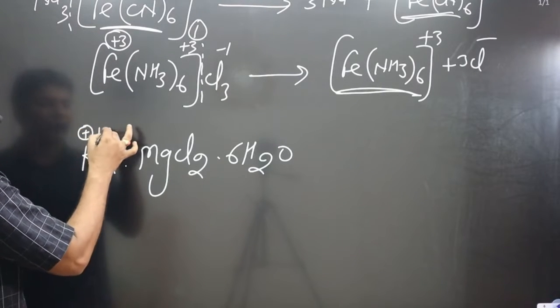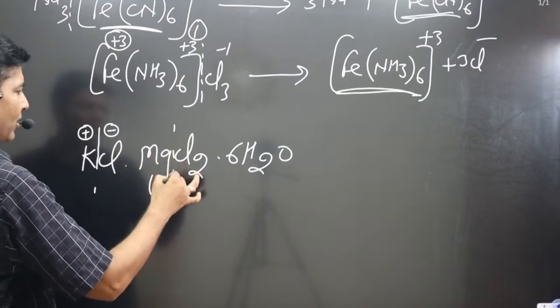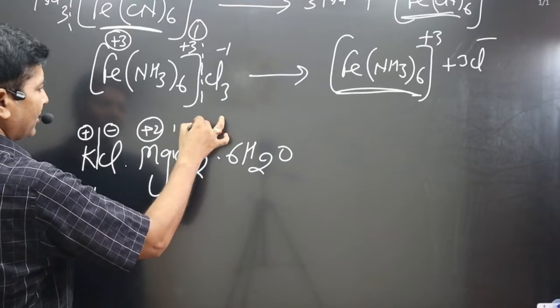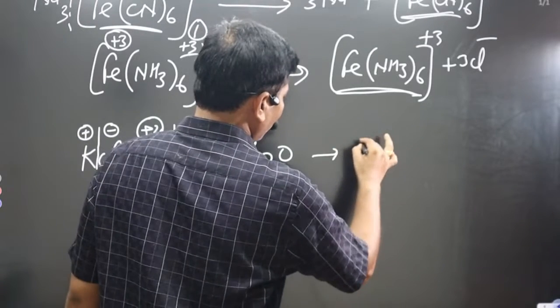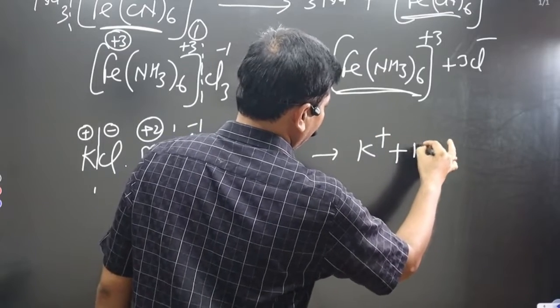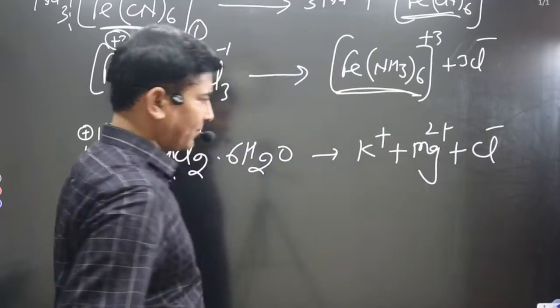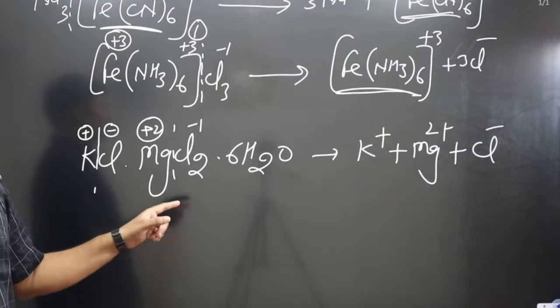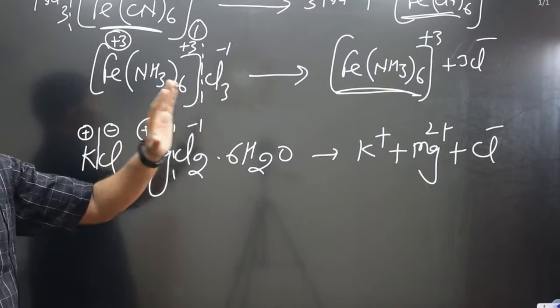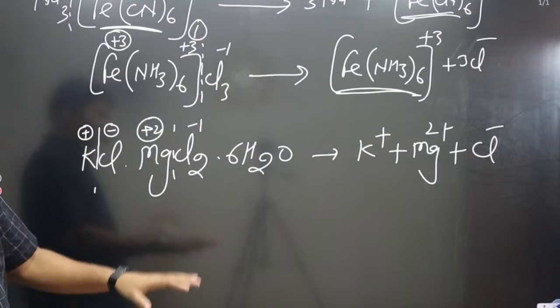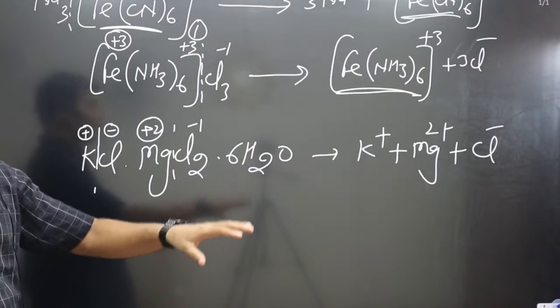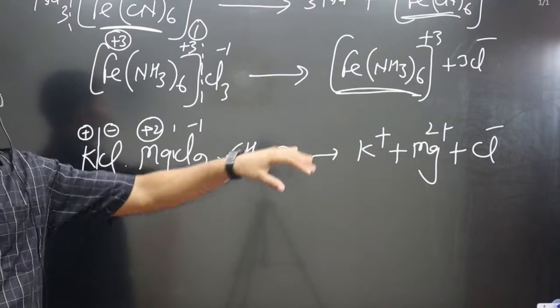So you get potassium and chloride ion. It will break from here also. It will produce Mg2+ and Cl- ion. So you can see whatever the ions, K+, Mg2+, and then we have chloride ion. It will undergo complete dissociation. So it gives you the positive test for the potassium ion, magnesium ion, and chloride ion.